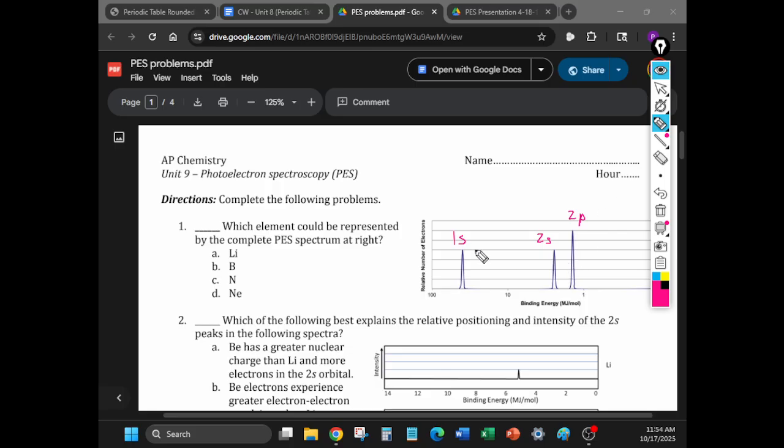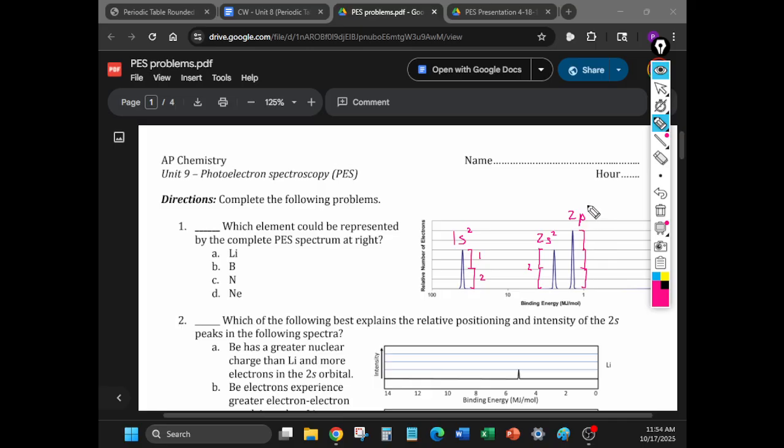So there are 3 peaks, and we're going to end at an element in the 2p block. We know that 1s has to fill up with 2. Go to 2s, it's the same height, so that means it's 1s2, 2s2. If you look at this graph, 2 bars represent pretty much 1 electron. That's going to help us figure out how many electrons are in the 3rd subshell. If we count, it's 1, 2, and 3.